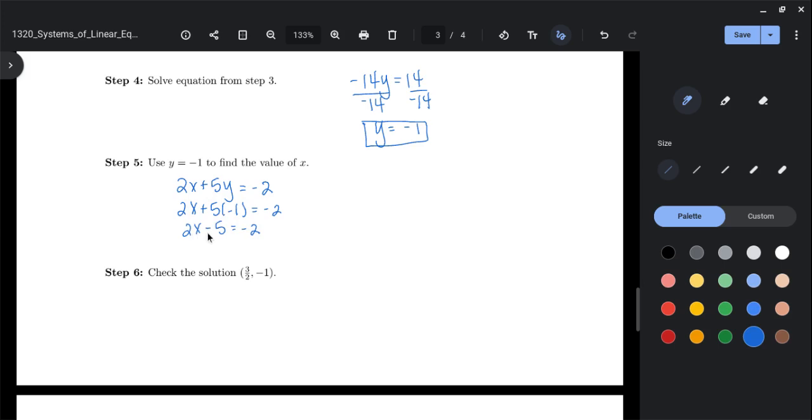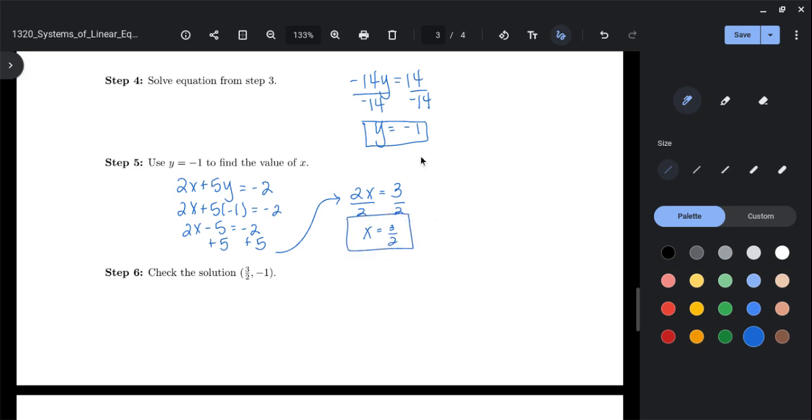Trying to isolate x, so we want to undo this -5 by adding 5. And so we have 2x equals -2 plus 5, which is +3. And then we need to divide by 2, and we get x equals 3/2.